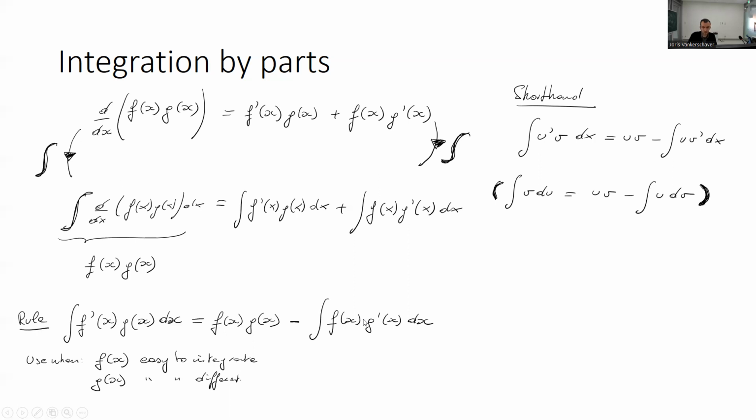So let's look at a few examples, and let's start off with a very famous example. Let's compute the integral of ln x, the logarithm function. First of all, if you want to apply integration by parts, you always have to identify two things in your integrand, an f and a g, or in the other notation, a u and a v.